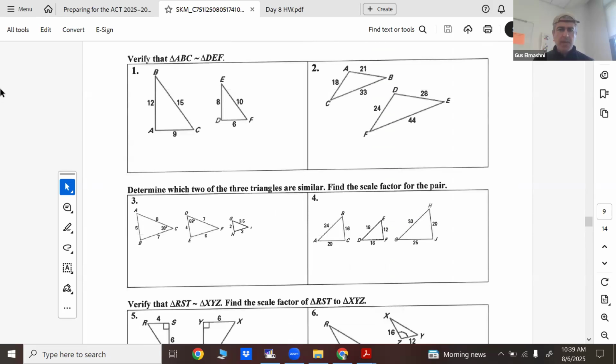All right, so let's take a look at AB to DE. 21 out of 28. And let's also compare it to, say, BC to EF.